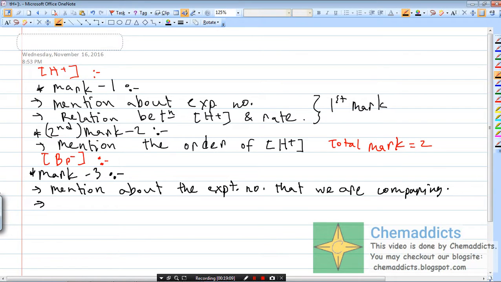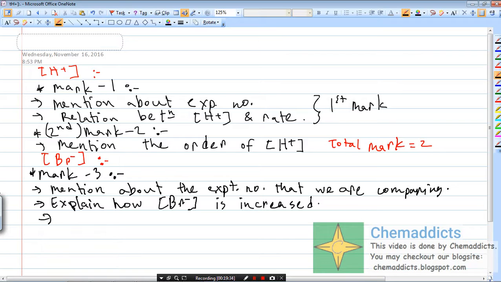What should be the second point? Explaining how bromide is increased. So we should explain how bromide is increased. This is how we should explain how bromide is increased.